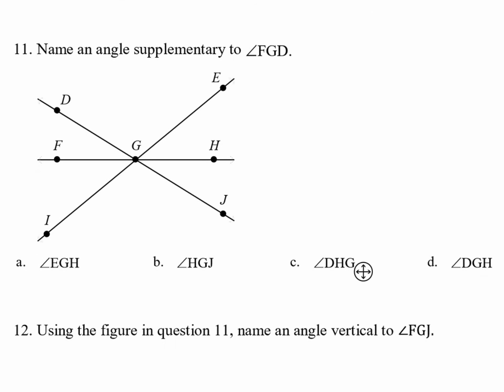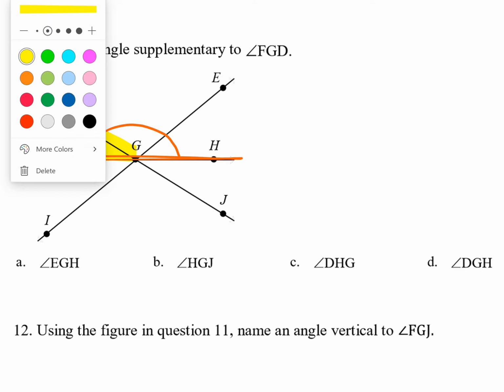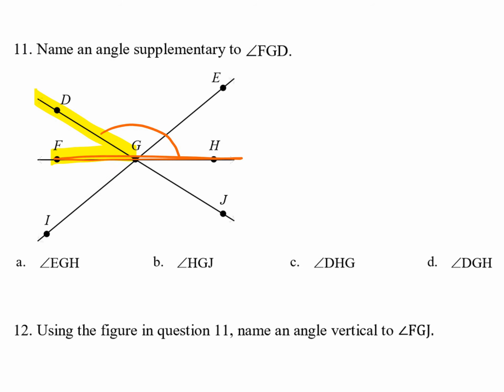Name an angle supplementary to FGD. Okay, so looking for supplementary angles, I want to focus on what's going to continue and make a straight line. So this could be a straight line. And so the angle supplementary would be here. The other option is this continues to make a straight line.